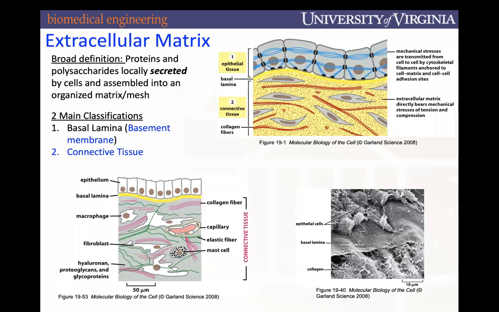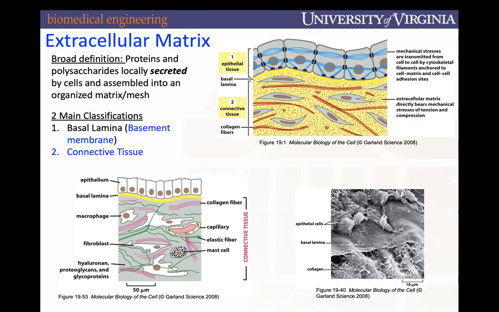What's key to know is that both regenerative medicine, but in particular tissue engineering, use scaffolds that try to leverage and mimic the extracellular matrix. A broad definition of the extracellular matrix is that it's a combination of proteins and polysaccharides, or repeating sugar units, that are locally secreted in the milieu or environment of cells, and it assembles into a matrix or mesh that creates the environment that cells live in.